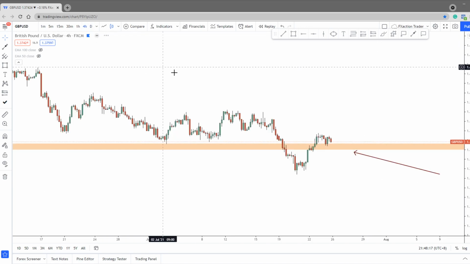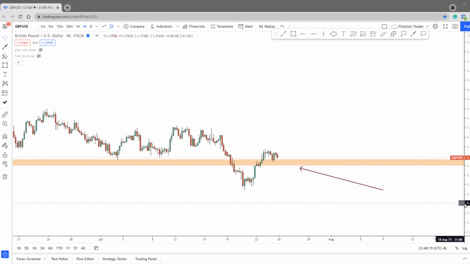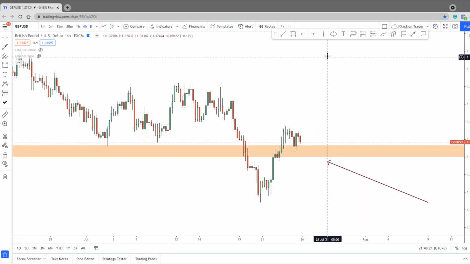If you look at H4, we can see that the market has started to make a high, a higher low, and a new higher high.